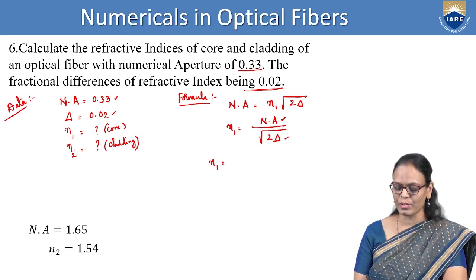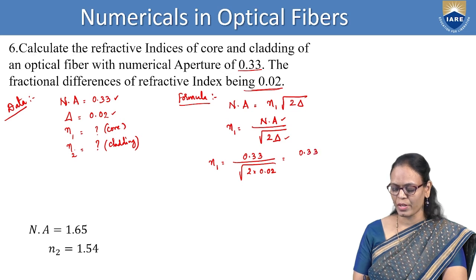So N1 is equal to NA is 0.33 upon root 2 into delta is 0.02. So what we have here is 0.33 upon under root 0.04. So N1 we get as 1.65.